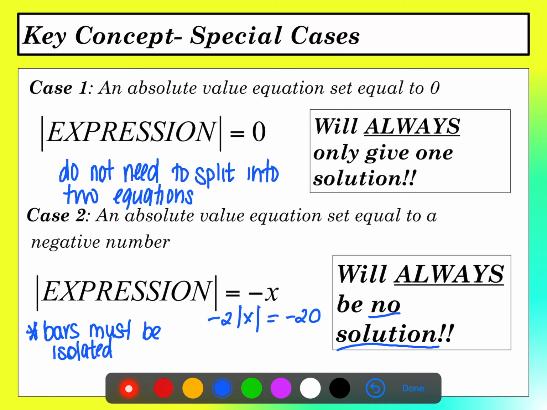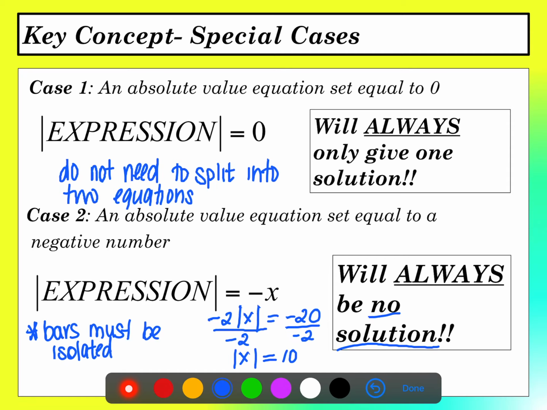Okay, so if I was looking at this equation, I would not want to classify this as no solution just yet. Even though there's a negative on the right side of the equation, when I isolate the bars by dividing by negative 2, I'm actually looking at the absolute value of x equals 10, and there's nothing wrong with that situation.